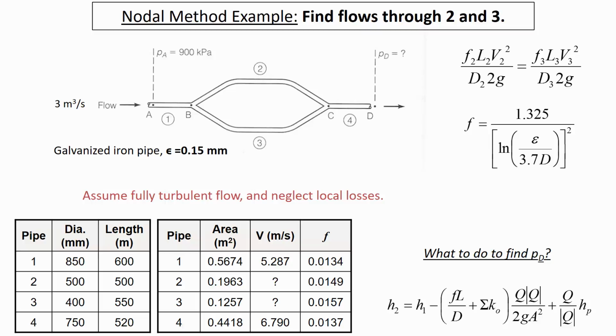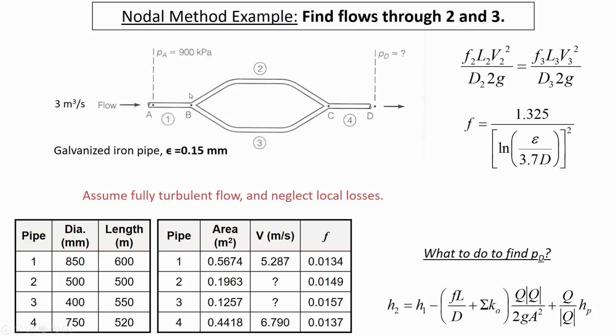So we could find the energy at A, we could find the energy at B, and then we have losses through either of the pipes using the energy equation. So we could find the head at junction C. So that would say H2 would be H at C, the downstream junction, because flow always goes from 1 towards 2.